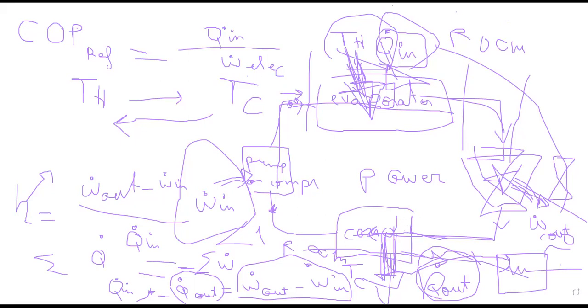Okay. And in this case, the COP of heating is equal to the useful heat rate, which is Q dot out, that I will take to my room, over W dot electric.